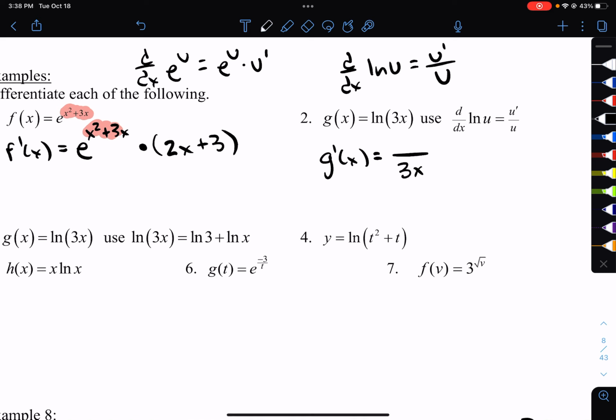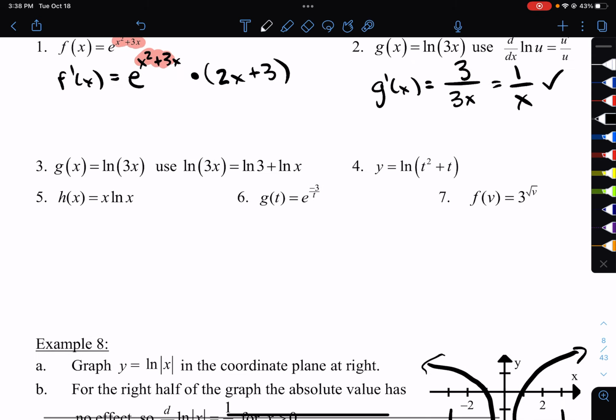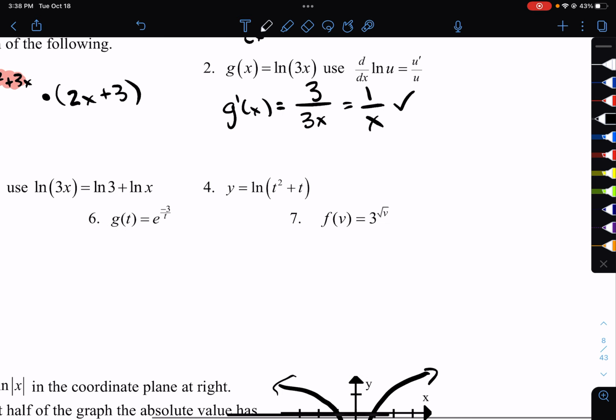I'll do that first because that's really easy. U prime, the derivative of this u, goes on top, which is just 3. And that's nice. The 3's cancel, and I'm left with 1 over x. So even though there was a 3 on the inside, my answer actually ends up being the same answer as if the 3 wasn't even there. That's kind of cool.